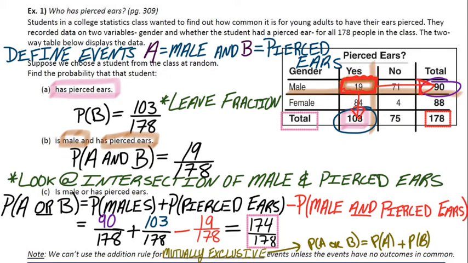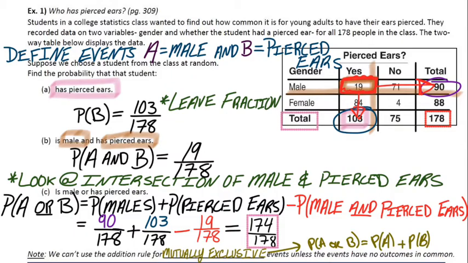Then if I asked what's the probability of A or B, you would just tell me the probability of A plus the probability of B. You wouldn't have to subtract out any overlap like we did here, because mutually exclusive events don't overlap. But in this case, there was clearly overlap between males and pierced ears, so this one didn't really work. We had to come up with a new formula for the A or B scenario.